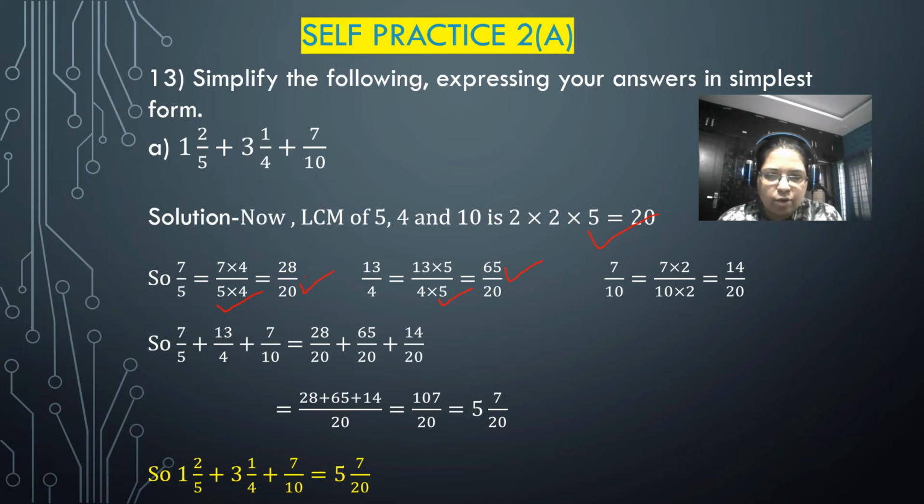Now we have to convert the proper fraction 7/10 into an equivalent fraction. We know 10 multiplied by 2 is 20.